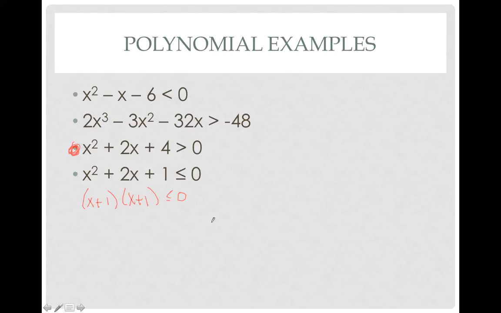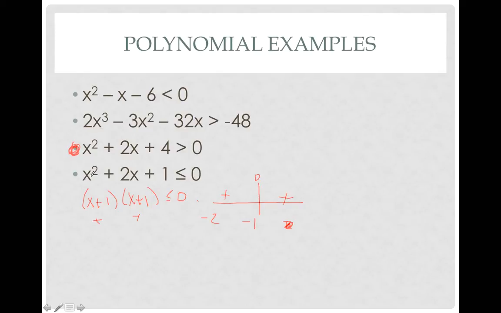Okay, x plus 1, so that means my only critical point is at -1, and that makes it a 0. And in this particular case, if I plug in a -2, I get a negative and a negative, which makes it positive. And on the right-hand side, if I plug in a +2 or a 0, I get plus plus, which makes it also a positive.